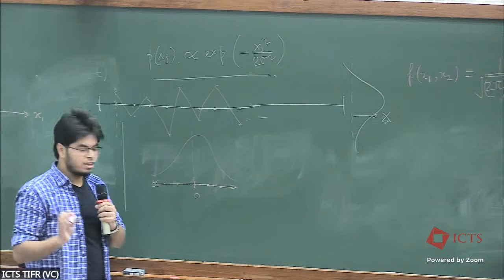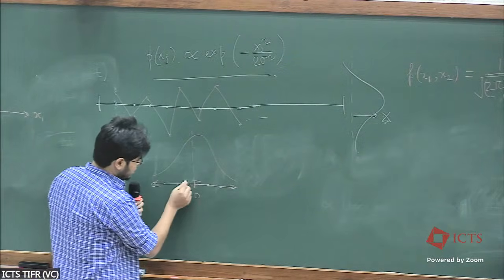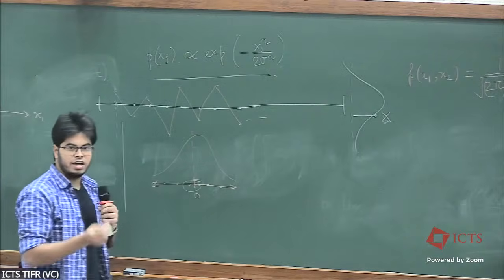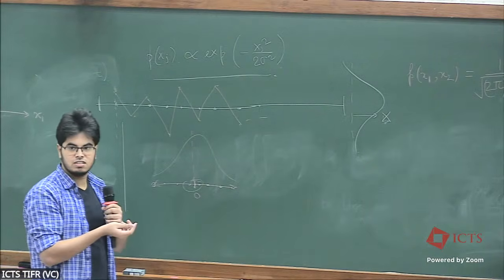This makes sense, right? So what I mean is that the clustering of these numbers should be highest where the probability is highest, and so on.